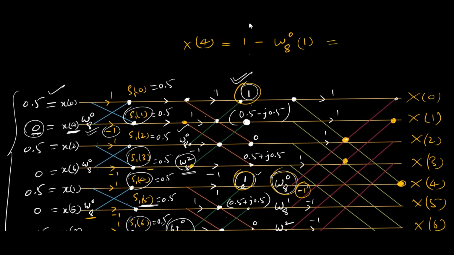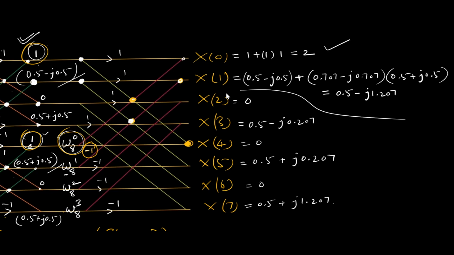We know W8 to the power 0 is 1 only, so 1 multiplied by 1 is 1, and this will lead to 0. This way you can calculate all the other samples.